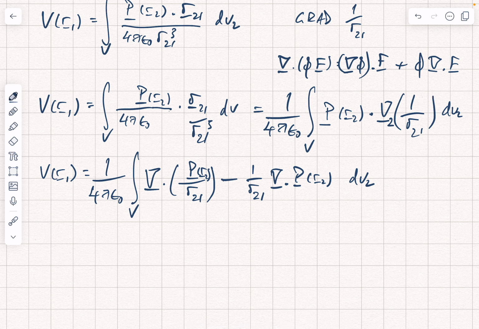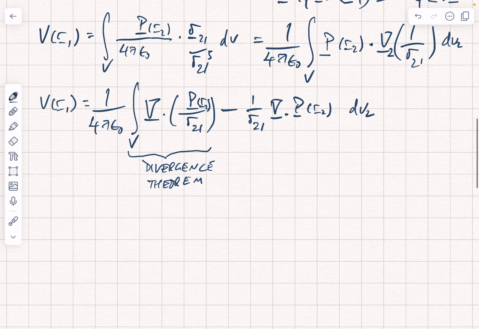And now what we're going to do is use the divergence theorem on this first part here. Remember that the volume integral of a divergence of a vector can be written as the closed surface integral of that vector over the surface.